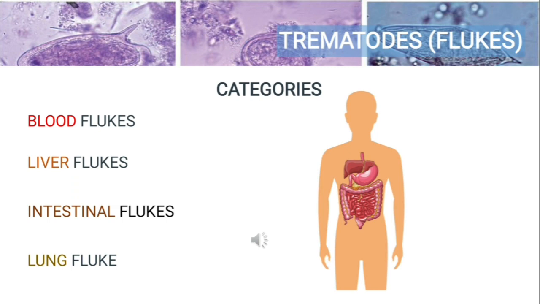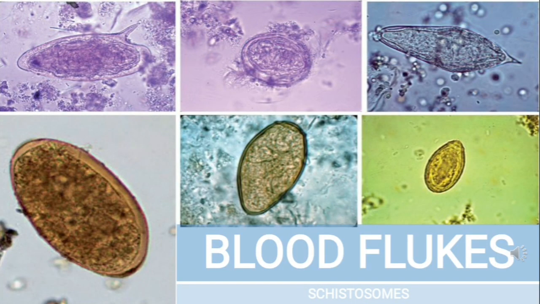Thus, they are called blood flukes, liver flukes, intestinal flukes, and lung flukes. Upon knowing the four categories of our trematodes, now we are going to discuss them one by one. Let us start with the blood flukes, also known as your Schistosomes.